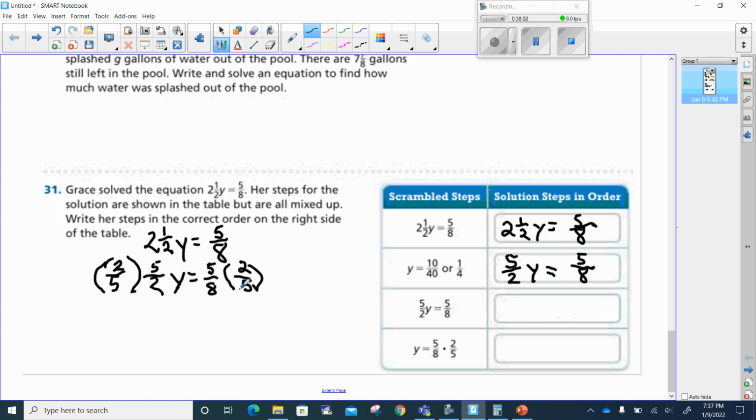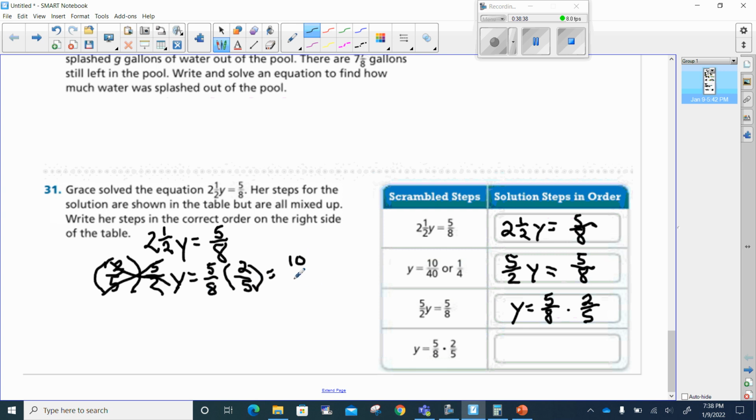Once I've multiplied these two together, they're going to cancel each other out and leave y, which would leave y equals 5 over 8 times 2 over 5. And that's what we have down here. y equals 5 over 8 times 2 over 5. And then the last one, of course, we'd have, well, 5 times 2 equals 10.